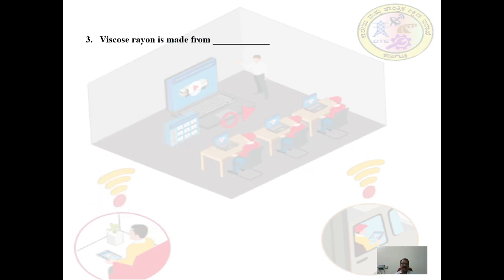Third question, viscose rayon is made from dash. Options are A, wood pulp; B, bagasse; C, rag pulp; D, none of these. Option A is the right answer.